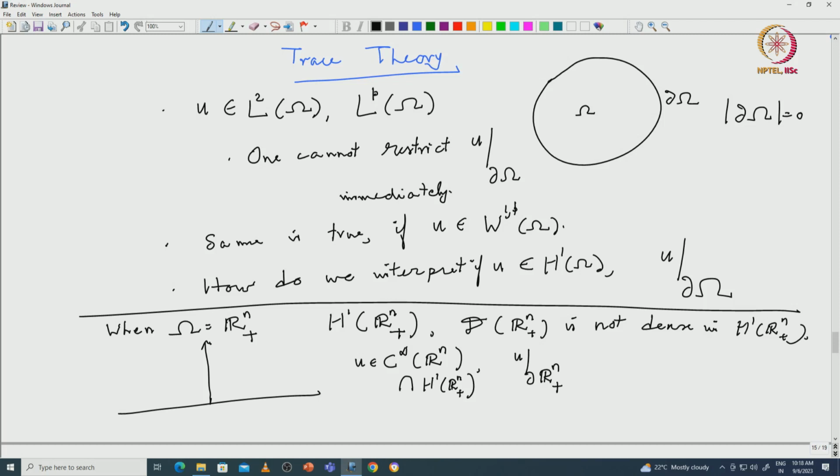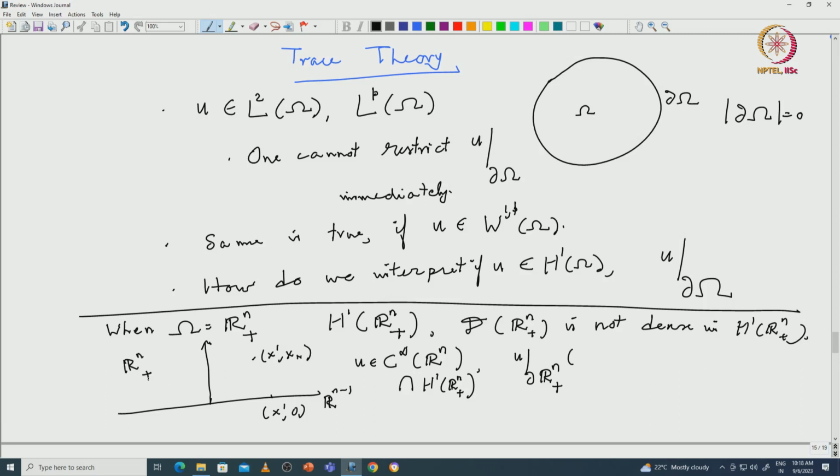you can restrict u to the boundary, and these points can be written as x prime, 0. So, a general point is x prime, x n, and the boundary is full R n minus 1, which is the point where you can apply the Fourier transform immediately. This is R n plus, which you know.